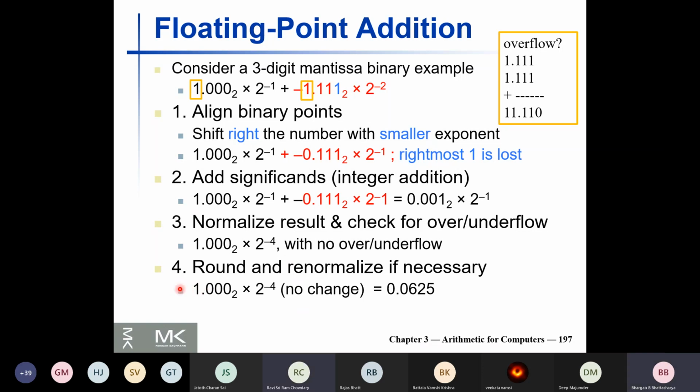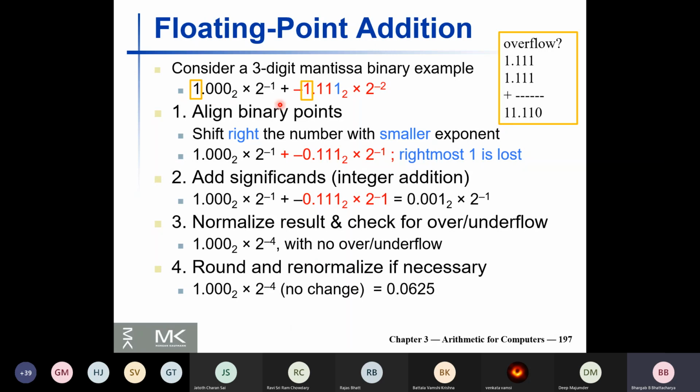Sign of the higher exponent. Well, you can see, if both are positive, then we don't have any problem, right? We know that the final result would be positive. If both are negative, then the final result would be negative, no problem.